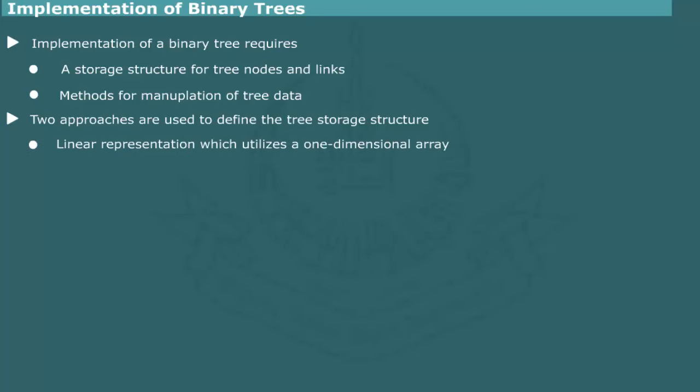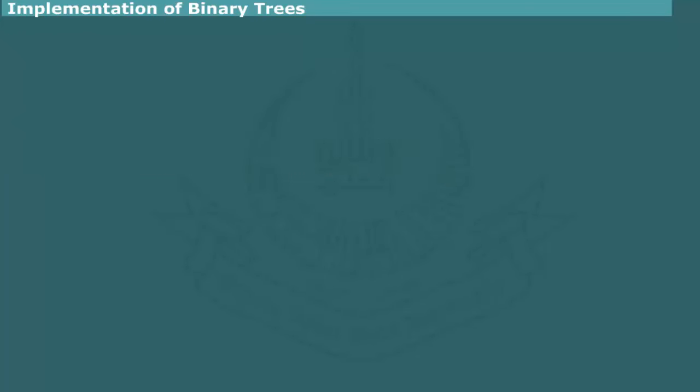One method is known as linear representation or vector representation, which utilizes a one-dimensional array to store node values and pointers. The other method is known as link representation or pointer representation. It uses dynamic allocation of storage for tree nodes and associated pointers. We now examine these implementations.